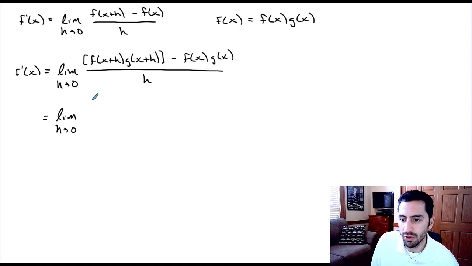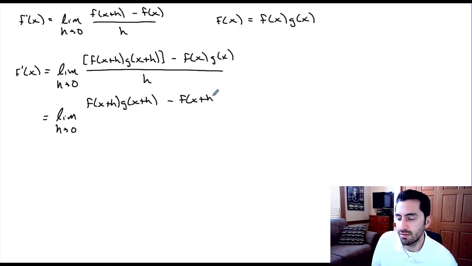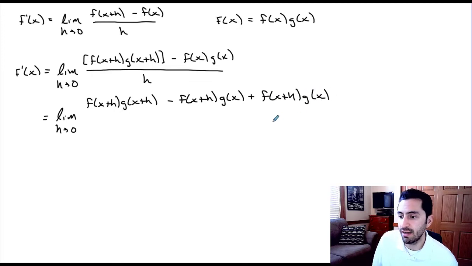And then in the numerator, I have my first term here, f of x plus h times g of x plus h. And then I'm going to subtract and add f of x plus h times g of x. By subtracting it and adding it on, they're complete opposites, so that would simplify to 0.